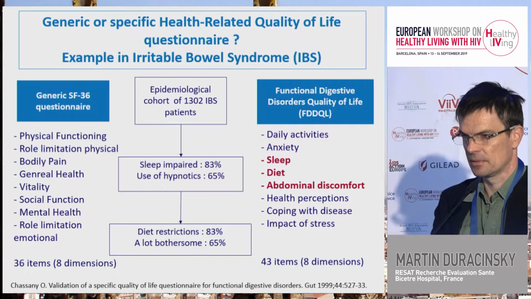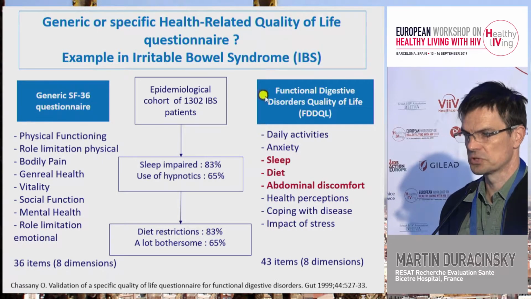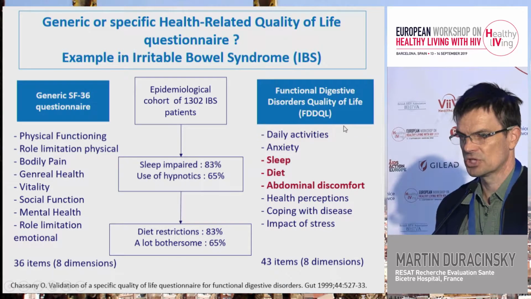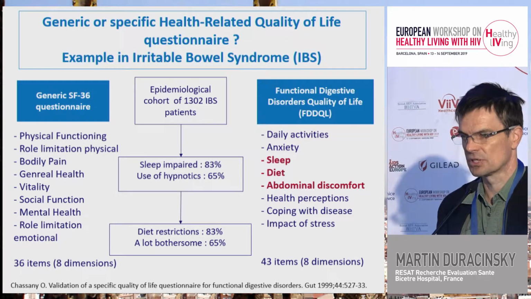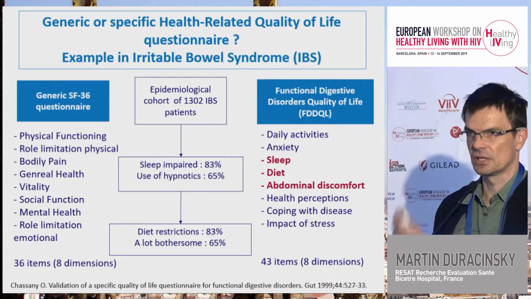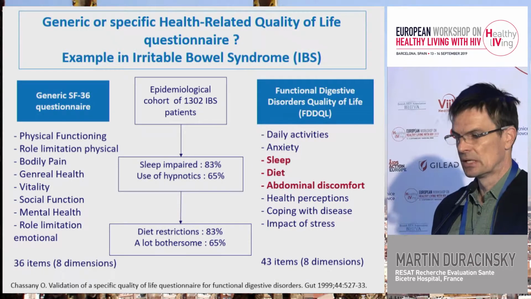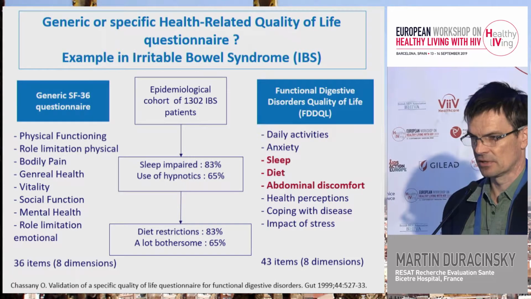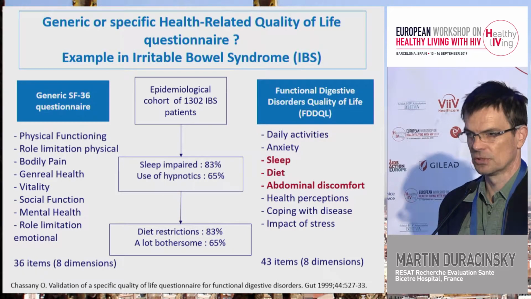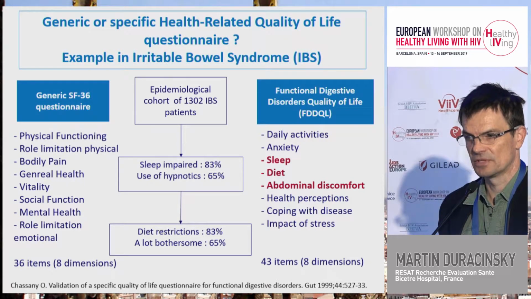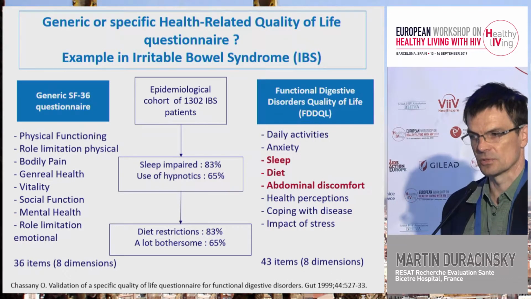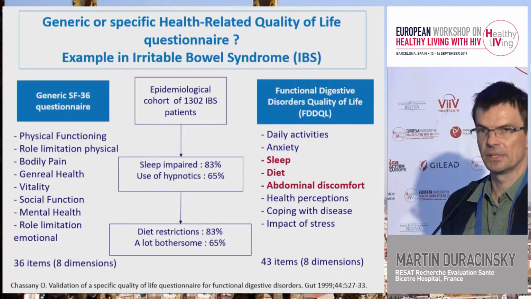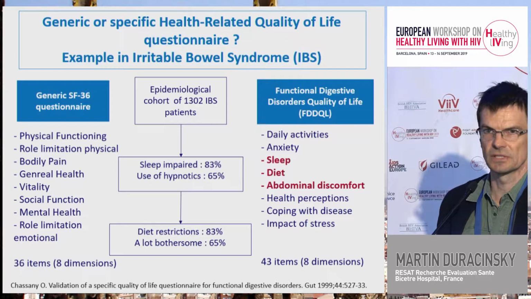So this is an example. For example, if you have some study, you have to choose a generic questionnaire or a specific questionnaire. This is the Irritable Bowel Syndrome questionnaire, and you will see in all the studies these generic SF36, SF12 questionnaires. Yes, you have some physical and vital and social function for sure, but if you look at what the problem of the patient with irritable bowel syndrome is, they also have sleep impairment, they have to use sleeping pills, they have many food restrictions, they cannot go to the restaurant with colleagues and friends.